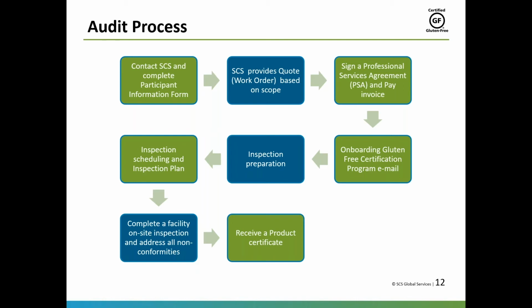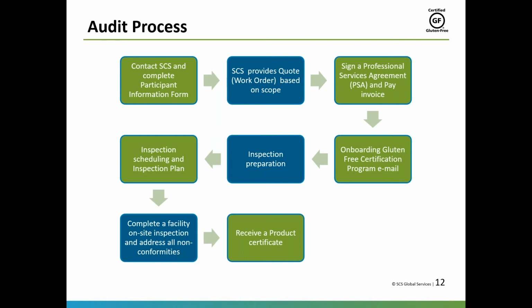So we like to collect that information before we do the on-site inspection, just so we can have a good idea of the activities and the procedures taking place in the facility, and we can ensure a smooth site inspection.